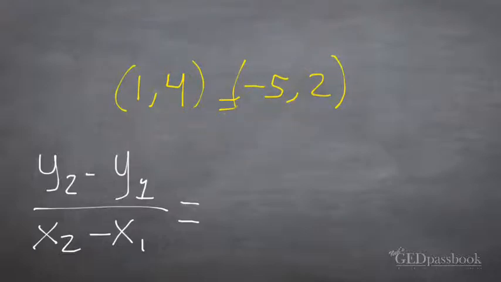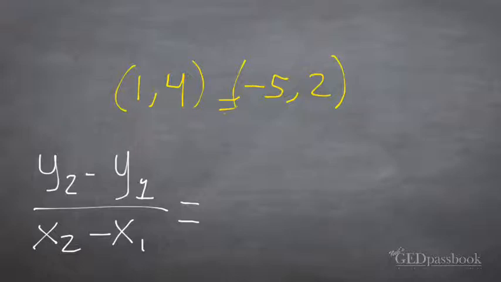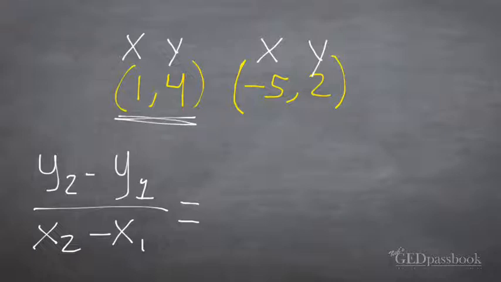So, remember how points are written? Points are written just like that, as x, y. We did that yesterday. It's the same thing here. This is my x, this is my y, this is my x, this is my y. Because this is my first one, literally, that's my x1 and that's my y1.